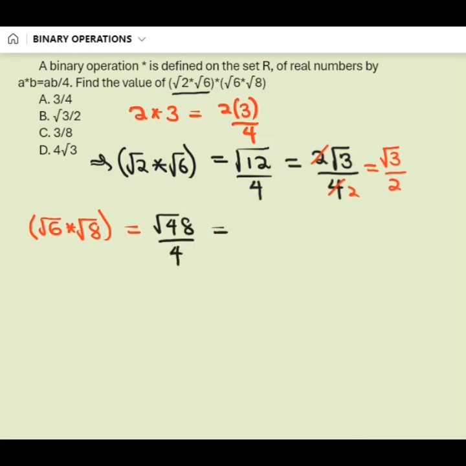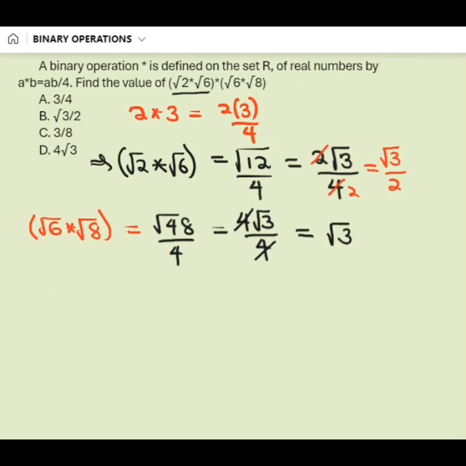Alright, so but root 48 is the same thing as 4 root 3. How did I get that? Now root 48 is the same as root 16 times 3, and the root of 16 is 4. Okay, so that's going to give us, this will take away this to give us only the root of 3.